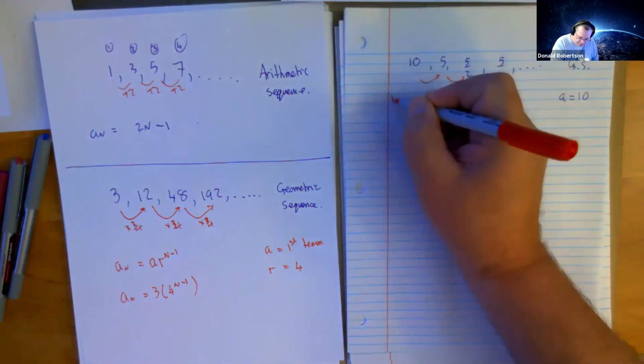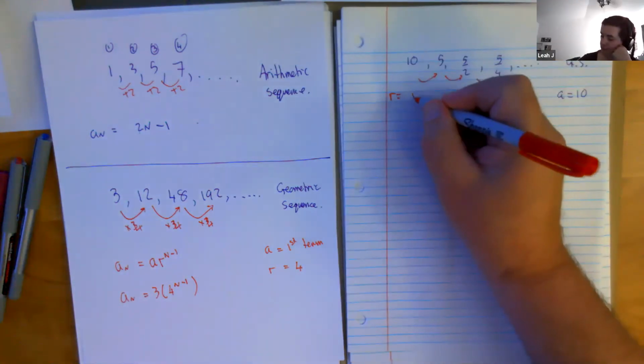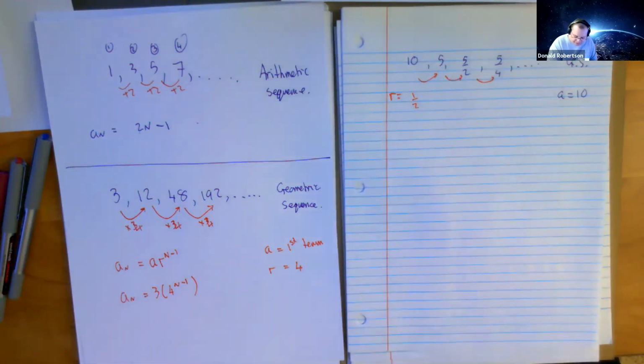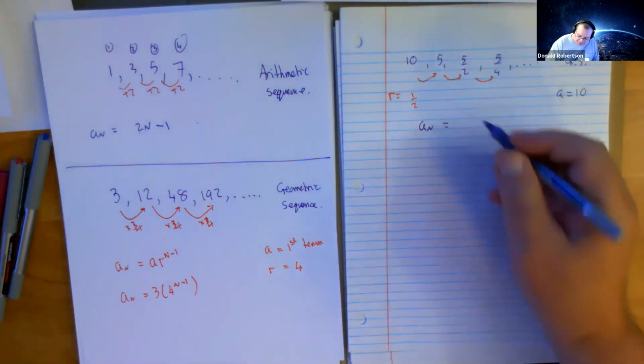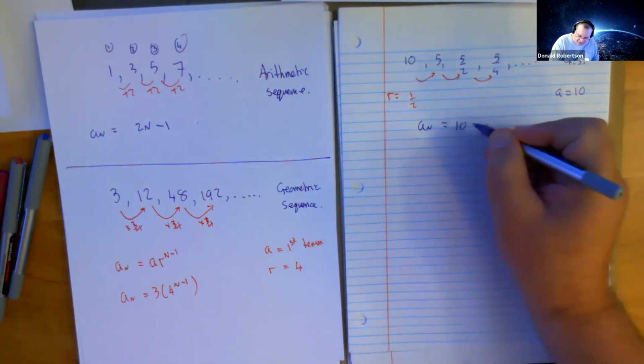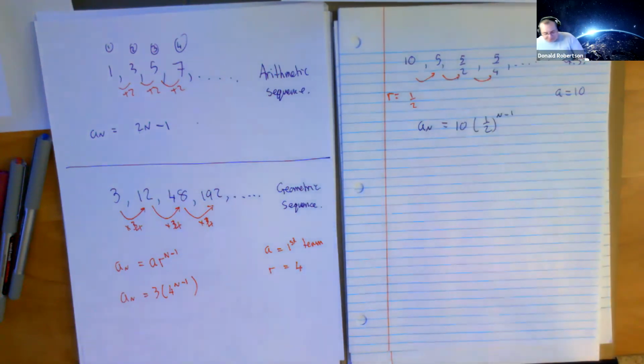The common ratio in this case is what fraction? 1/2. So my formula for finding any term in this geometric sequence is 10 times 1/2 to the power of n minus 1.